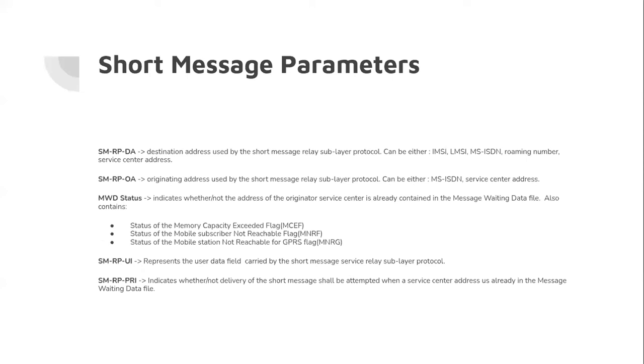This is where the message is being transported to. The destination address can either be an IMSI, a LIMSI, an MSISDN, a roaming number, or a service center address. The originating address, the OA, on the other end, can either be an MSISDN or a service center address.